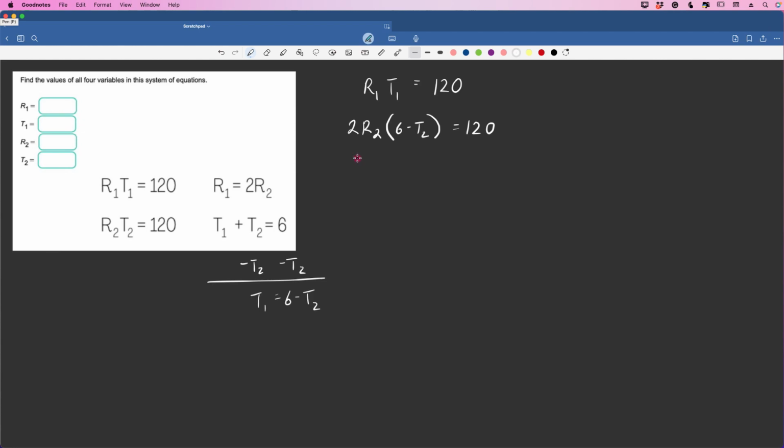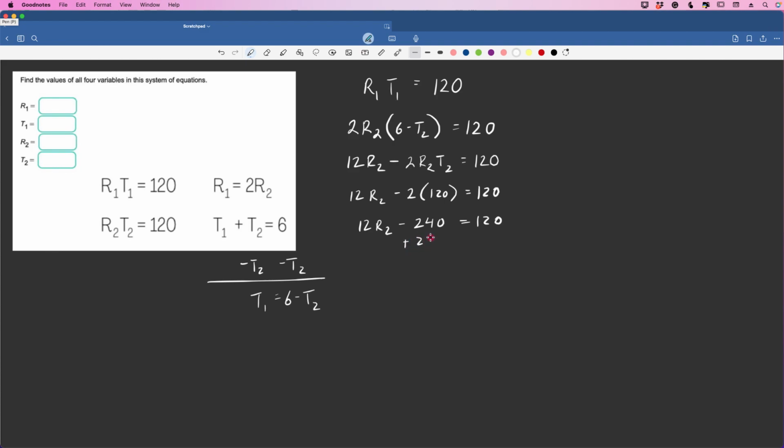So now we multiply. We get 12 times R2 minus 2 R2 T2 is equal to 120. So now we know what R2 T2 is. It's 120 also. So 12 R2 minus 2 times 120.